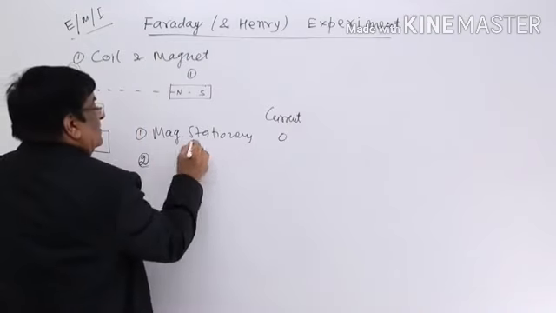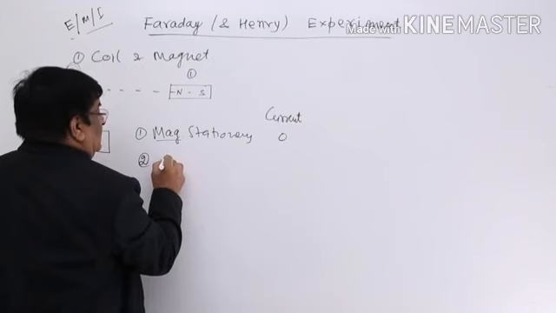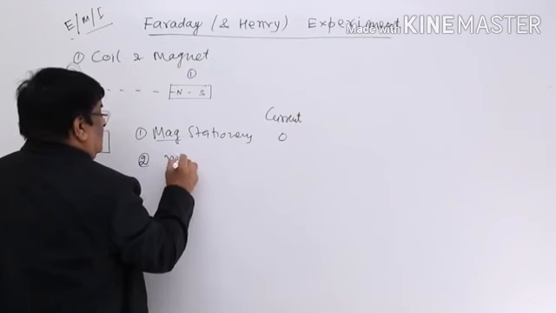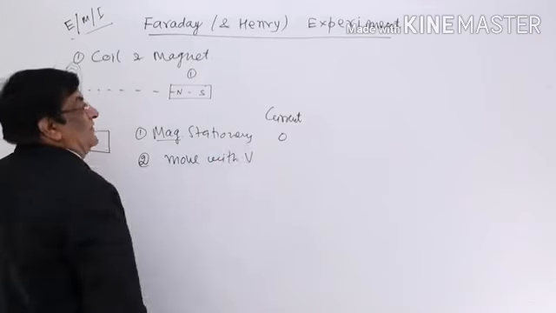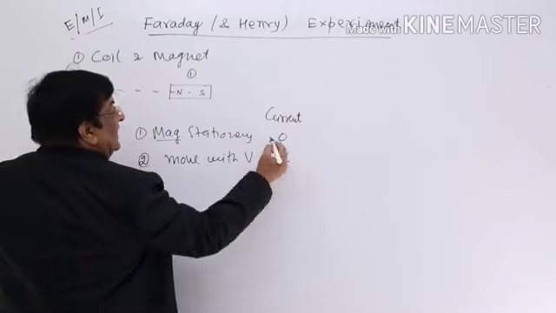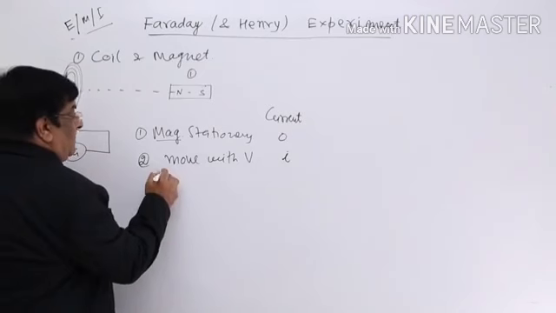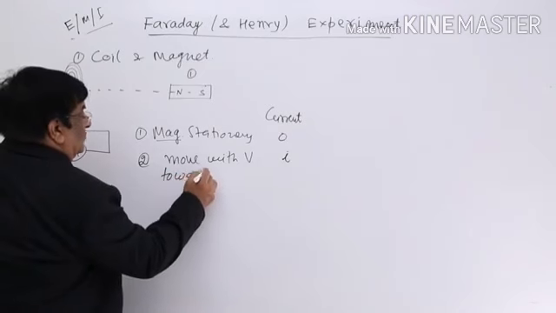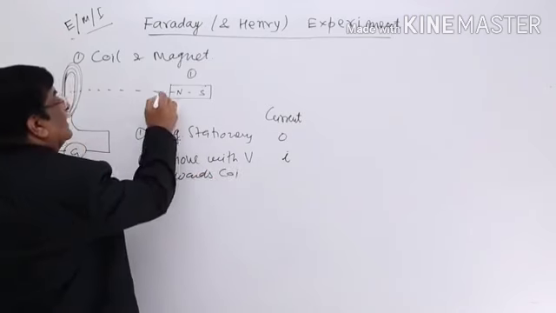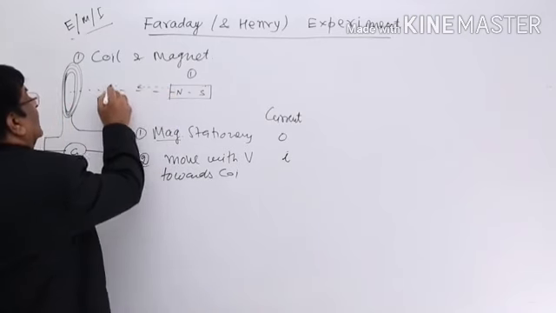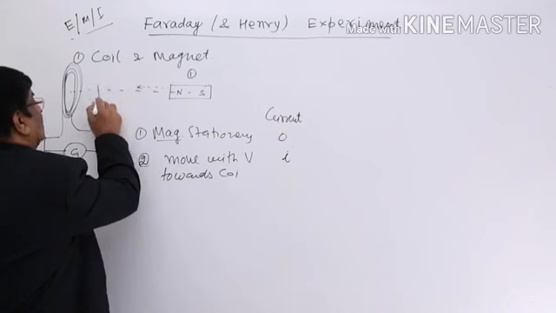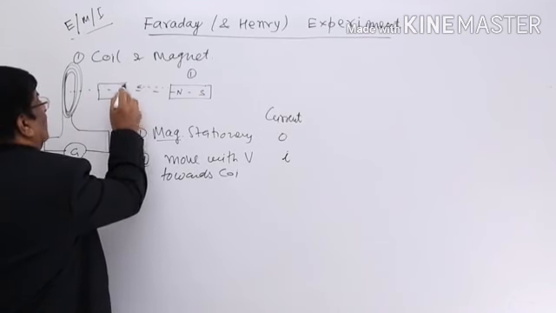Stage number 2, magnet moves with velocity v. We find there is a current towards the coil, and this keeps on moving. Then it went up to this place and stopped.